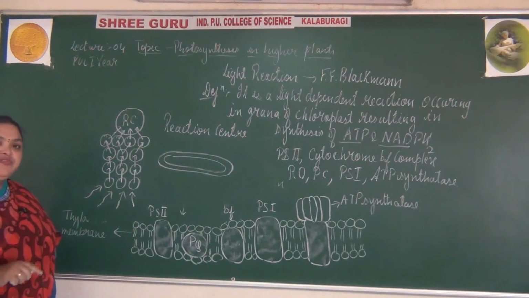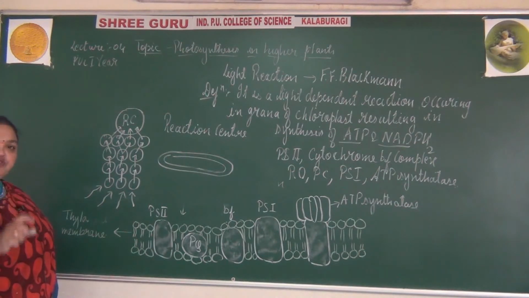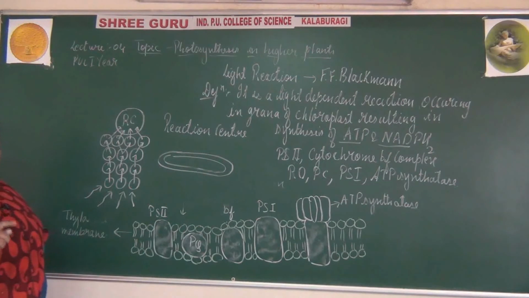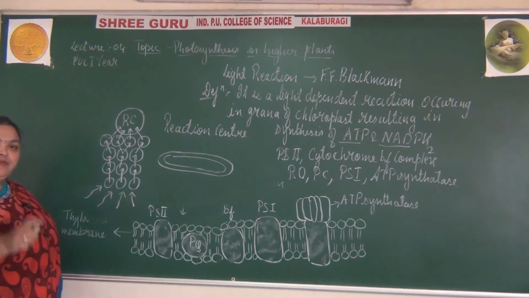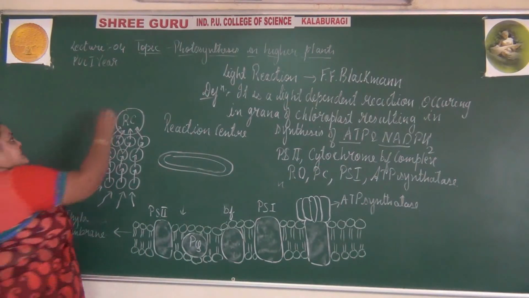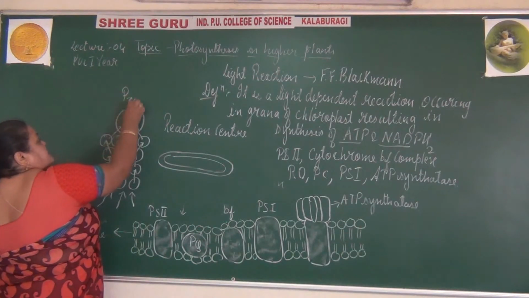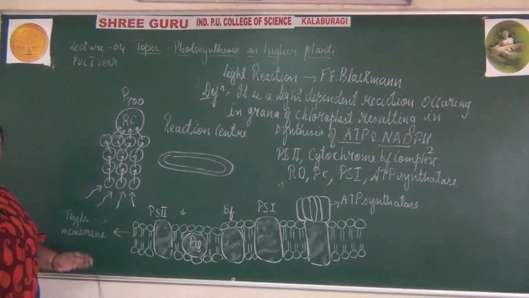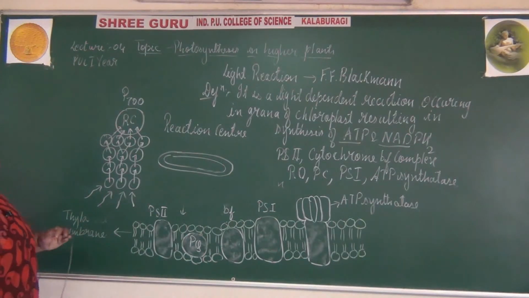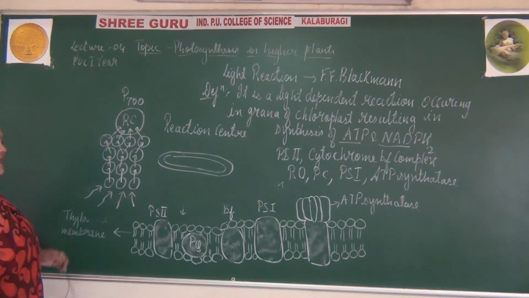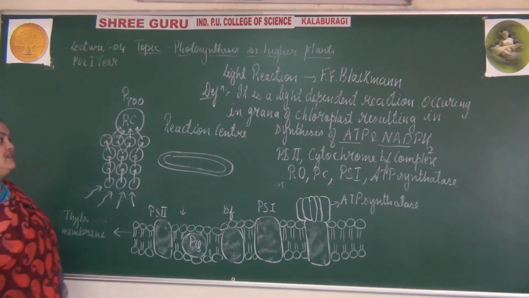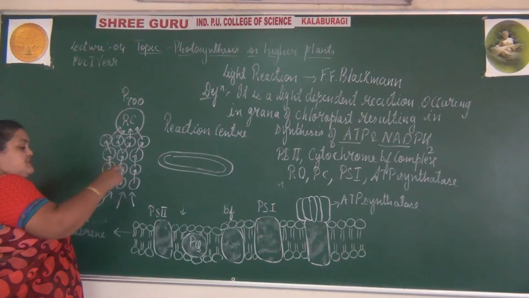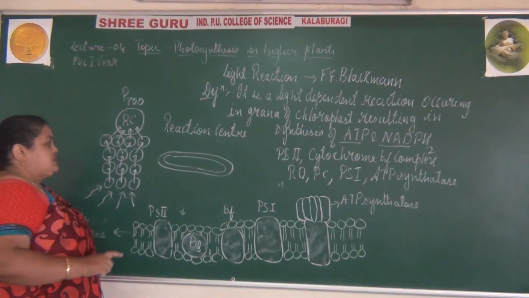If this absorbs the wavelength of light of 700 nm, this reaction center is said to be P700, the photosynthetic unit which absorbs the wavelength of light of 700 nm. So here there are two reaction centers, that is photosystem 1 and photosystem 2.